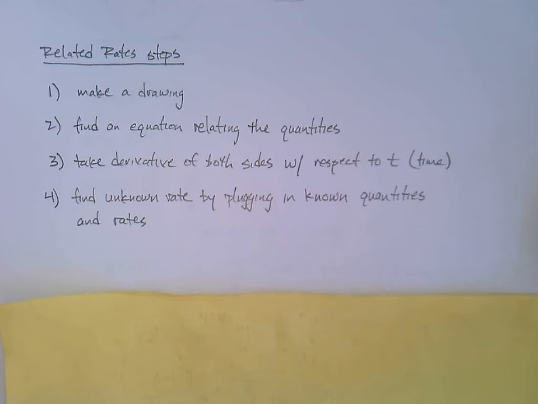Usually step two is the most difficult step to achieve. Once you have step two, then it's just a matter of going through the rest of the steps, taking derivatives, and then figuring out what numbers to plug in. If you can get step two, you're in a really, really good position.